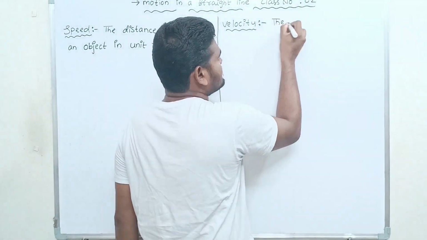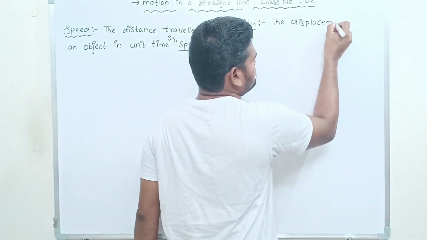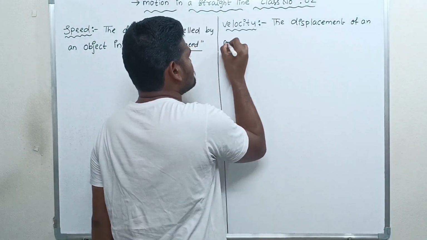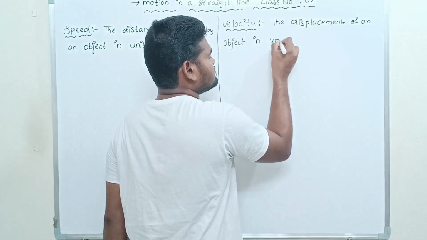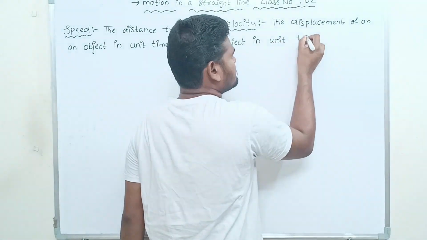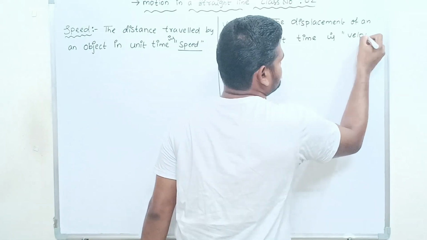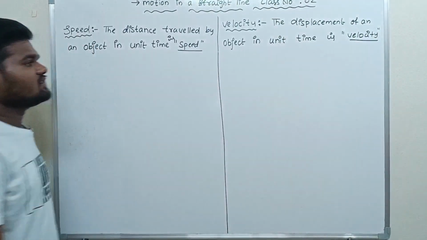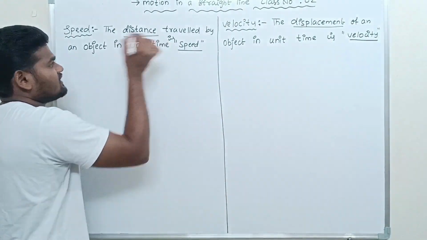The displacement of an object in unit time is called velocity. So the displacement of an object, the distance of an object. Are you getting?